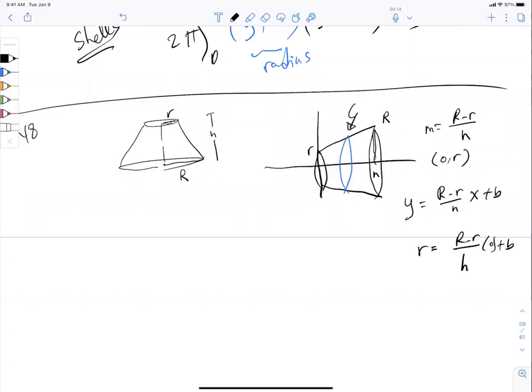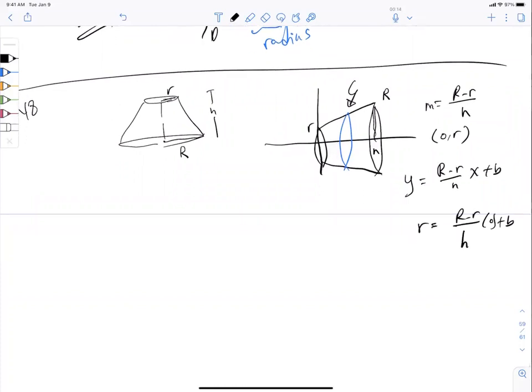Again, your y-intercept is that, so you don't really have to do all this, but you can just say r is equal to b. So the equation of that line, and however fast you can find it, that's perfect. You don't have to write all the steps I write. So y is equal to (R minus r over h) x plus r.